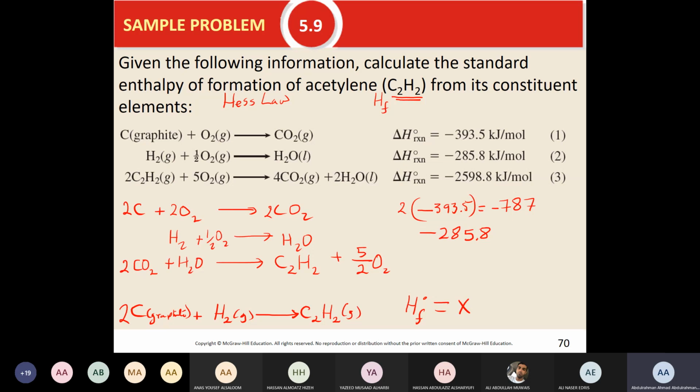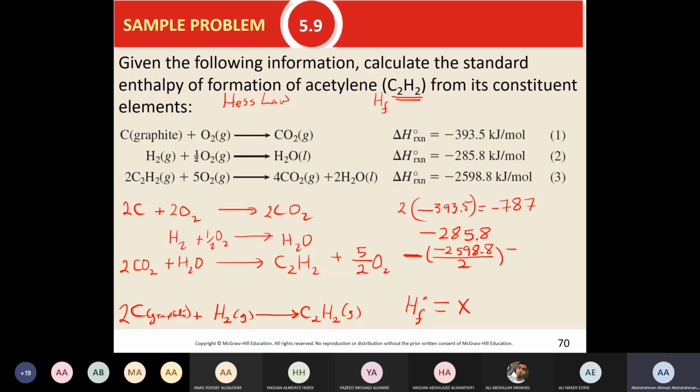I reverse it, so I must put minus, and then I divide by 2. So what's the answer? Minus times minus 2,598.8 divided by 2.